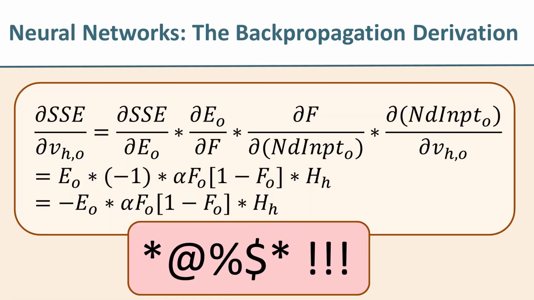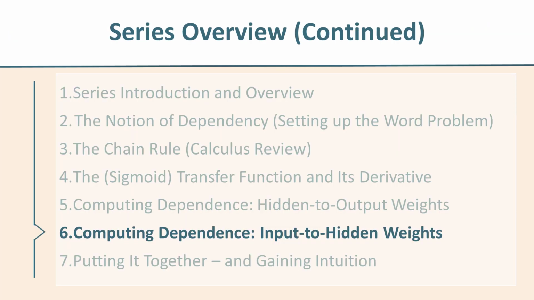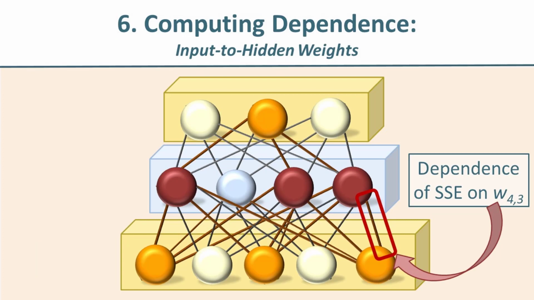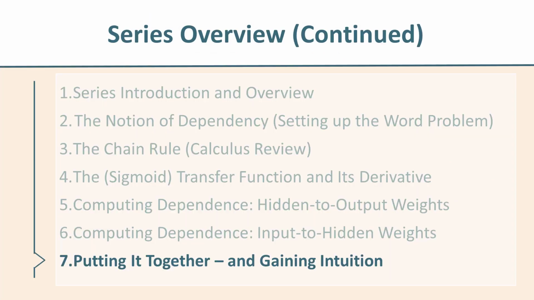That's actually kind of easy, even though the equation for that is the one that I've been showing every so often up until now, just to strike fear and terror into our hearts. Then we do the second one, which is the input to hidden connection weights. That's actually a good deal more complex, but by that time we'll be suitably warmed up and we can rip right through it. That will officially complete the mathematics of our backpropagation derivation.